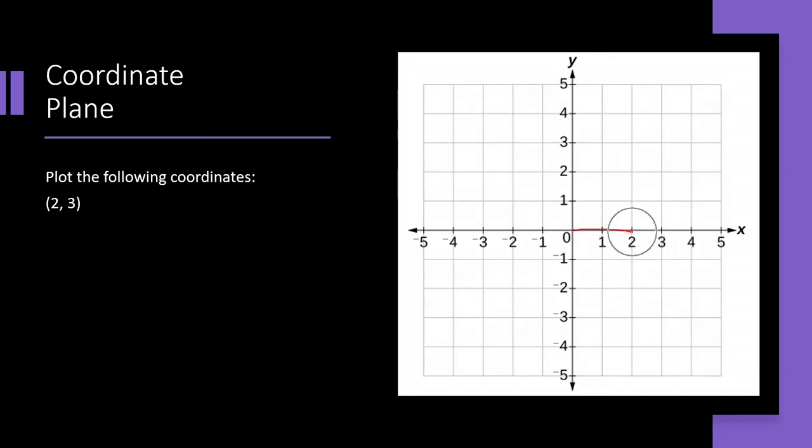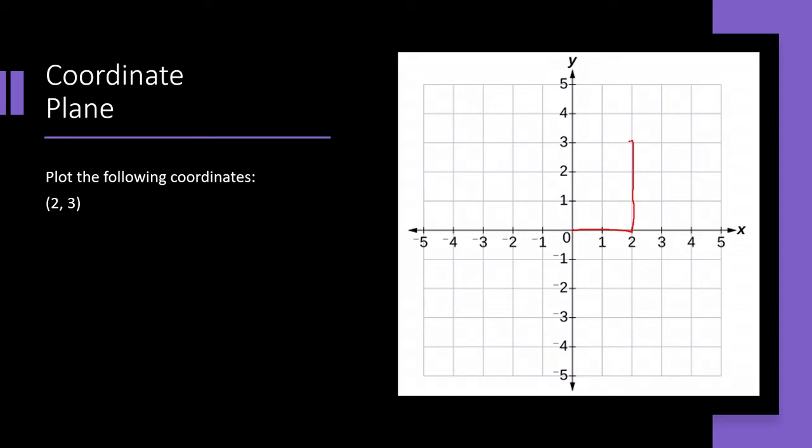But I'm not done yet. Now I'm going to find the number 3. I'm going to go 3 numbers up, right here where the y-axis is. That's positive 3. So now I'm going to go up, like I'm taking my bicycle down the neighborhood, and there you go.